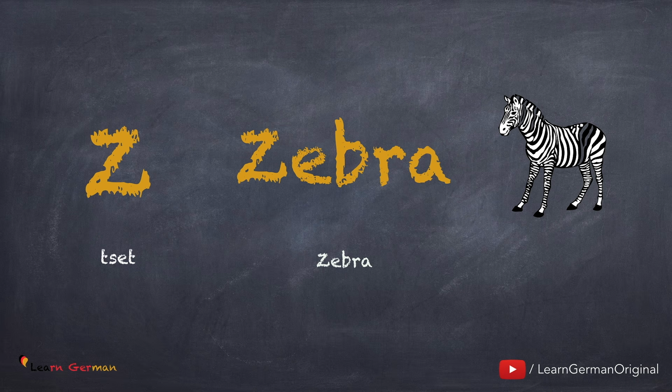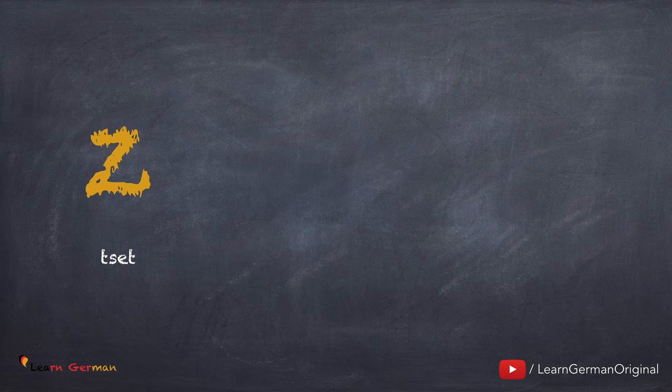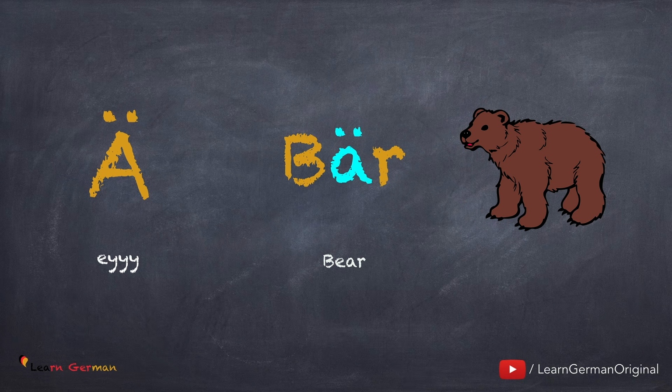As mentioned in one of the videos before, the sound of Z is the sound of TS that you have in puts, its, etc. Now we come to the 4 more letters in the German alphabet.